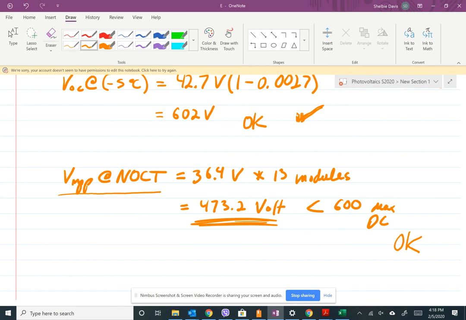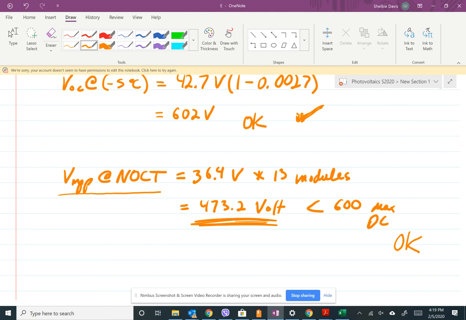One nice thing is that these modules can all be in series. Now, if for some reason our voltage fell at like 700 volts and the max voltage was still 600, then we'd have to start thinking about having 2 runs in parallel.